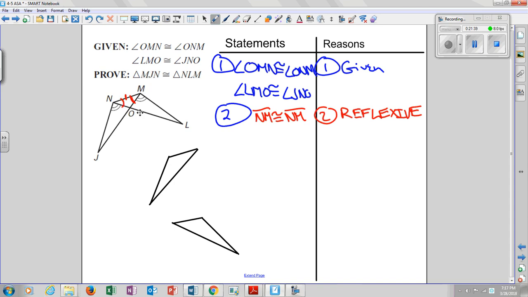Now, if we're looking at the big triangles, I have an angle, a side, for this triangle.